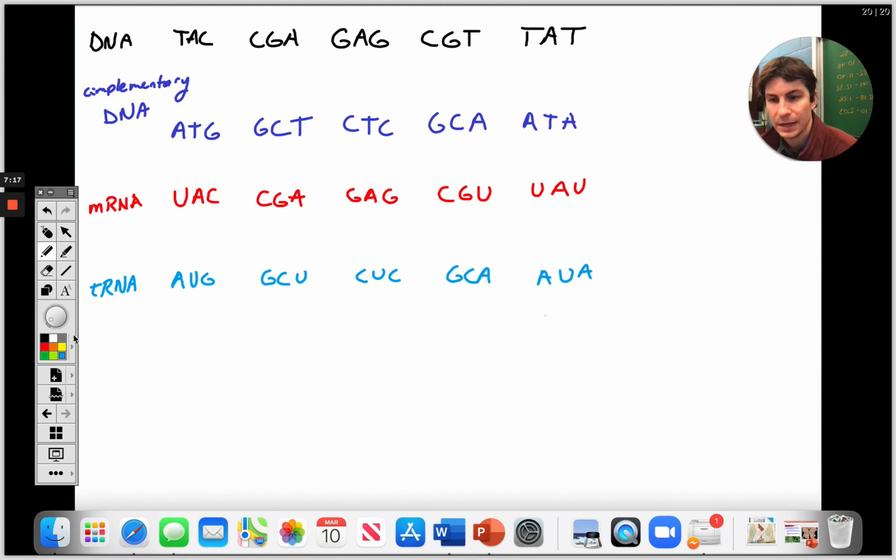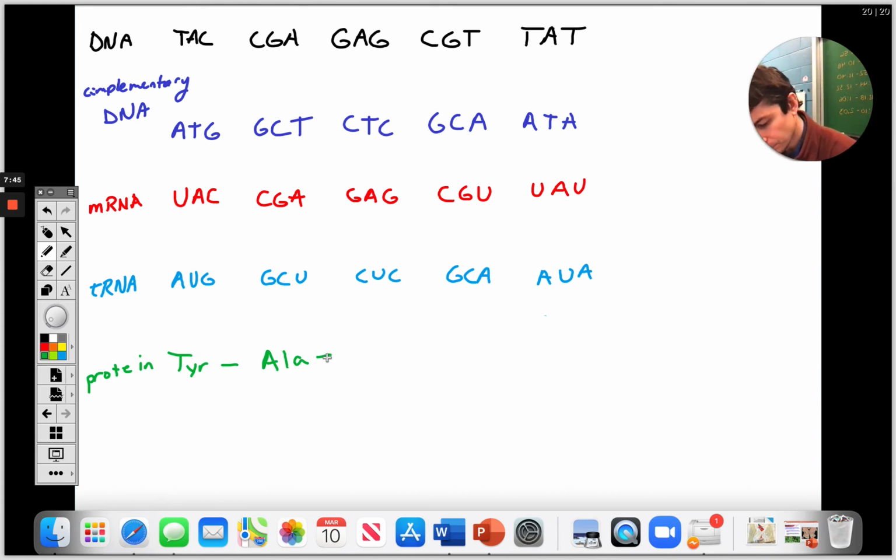All right. Now we can go to our amino acid sequence or our protein, whatever you want to call it. So once again, using your codon chart, make sure you're using the red though. So our first amino acid is UAC, which is tyrosine. So TYR, that's going to be attached to GCU, which is alanine.